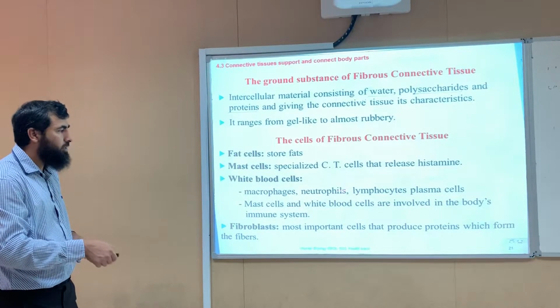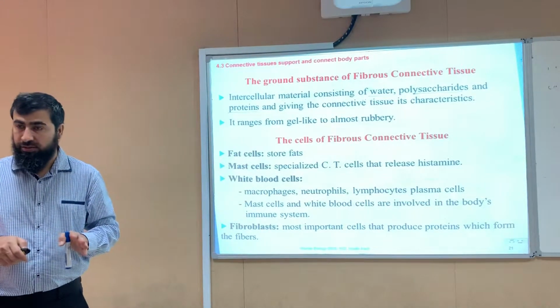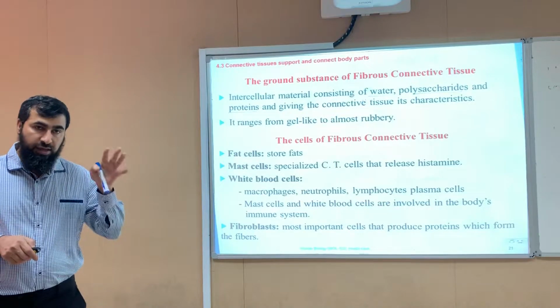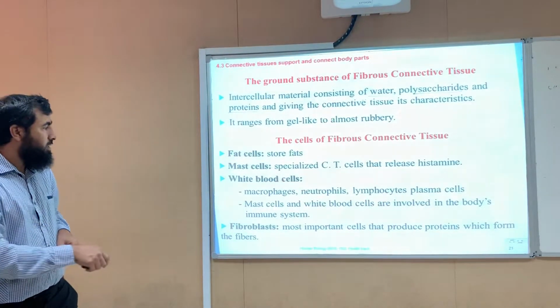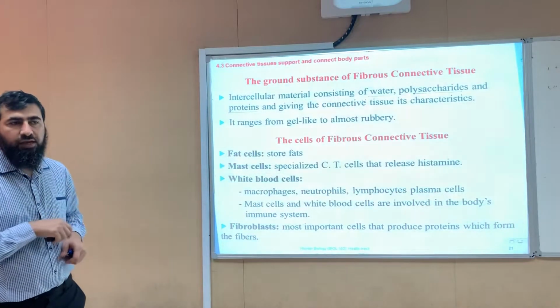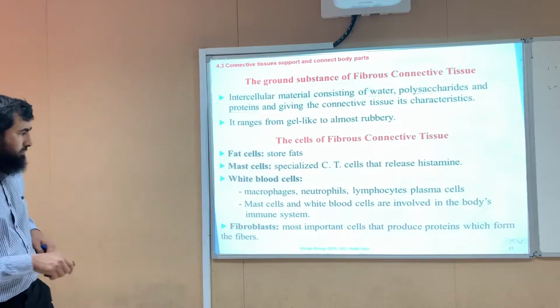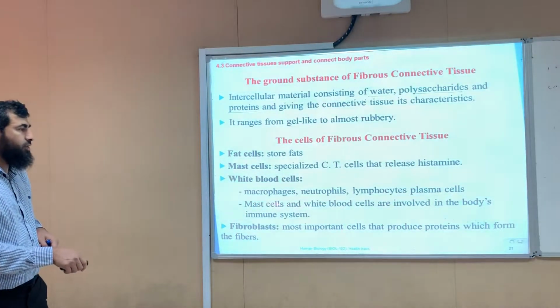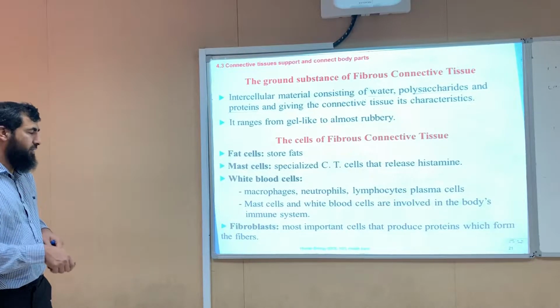All these make up the immune cells. They are very important in defense. If bacteria infect these tissues, there are already multiple different types of immune cells ready to defend you against them, okay? Both of those cell types are part of the immune system.